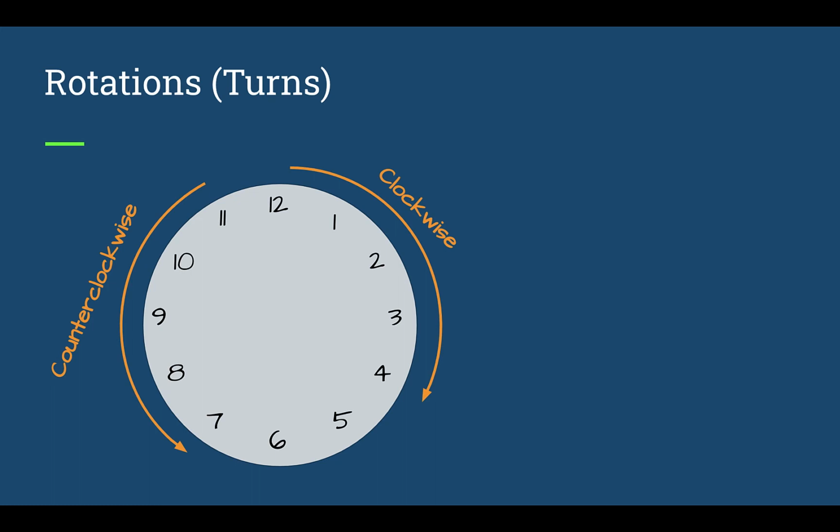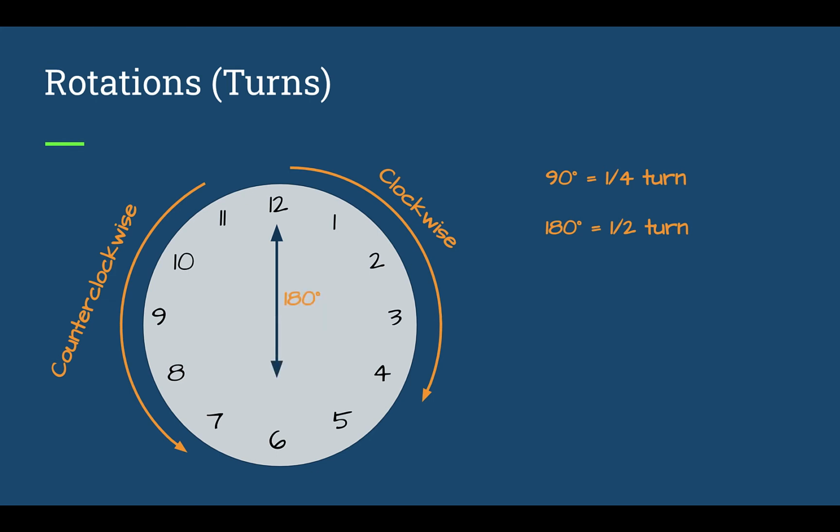So when you're rotating, it's really important to pay attention to which direction the shape is rotating. Also with rotations, you are going to be given a degree that it's rotated. So if it's rotated 90 degrees, that is 1/4 of a turn. So if it was at 12, 1/4 of a turn would now be at 3. 180 degrees is half of a turn.